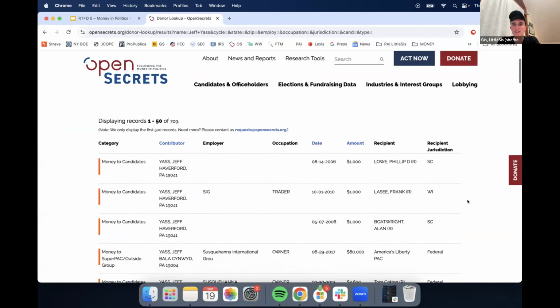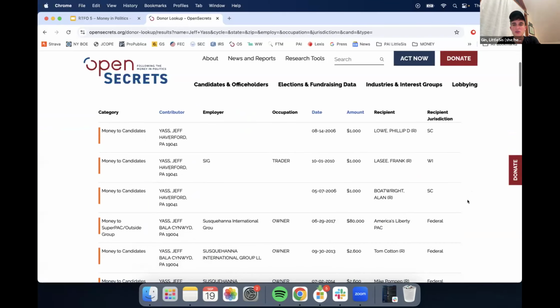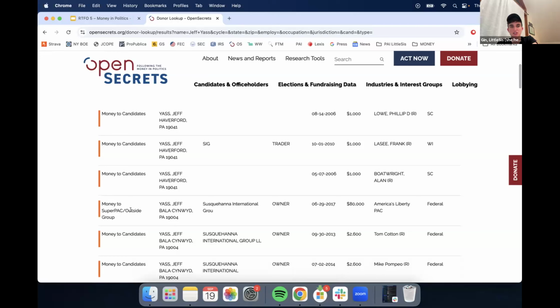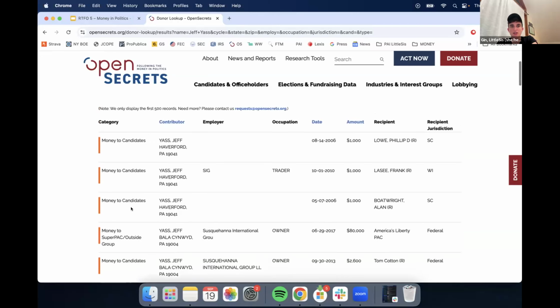So here we have, it's a little bit different than what we saw. We don't have the connection to that original form like what Rob was showing, but you can see this is money to candidates. Sometimes it'll say money to super PAC or outside group, contributor name, employer, occupation, when the contribution was made, the amount, the recipient, and the recipient jurisdiction.